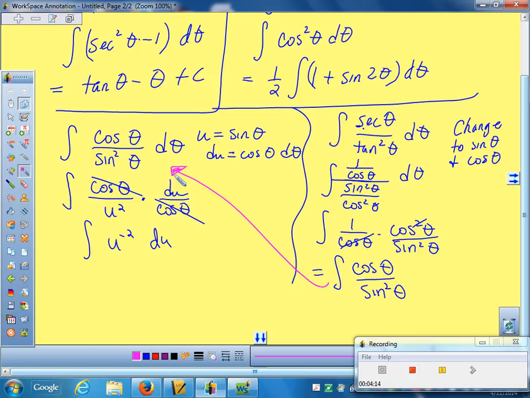But that means you have to have it memorized on the test. You have to know that secant over tangent squared changes into cosine over sine squared. If you want to bother to memorize it, it works. If you don't, then you have to do the trig functions on it.